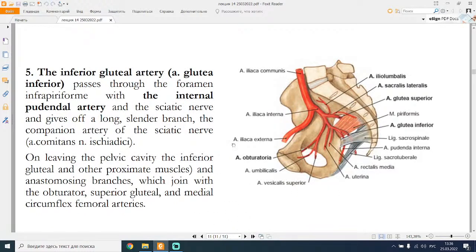Next branch, the inferior gluteal artery, arteria glutea inferior.